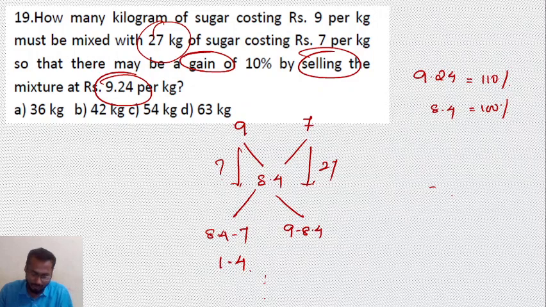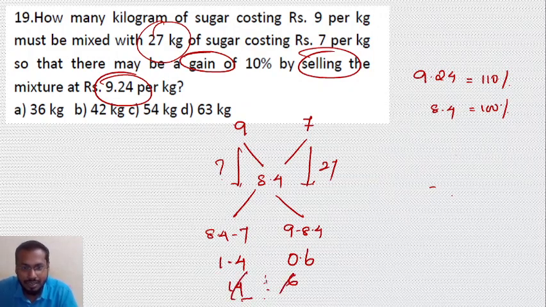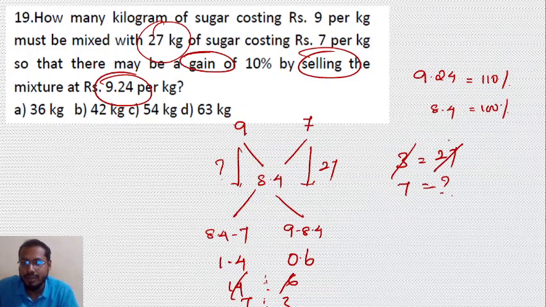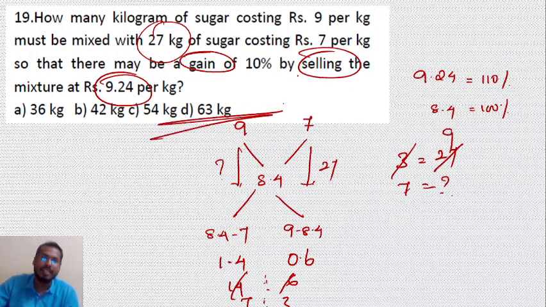Small mistake. Yes, it should be on the opposite side. So here it was 14 and 6. What is the ratio? 7 is to 3. So 3 part is equal to 27. 7 part is equal to what? 27 divided by 3 is 9, 7 into 9, 63 kg. That's it.